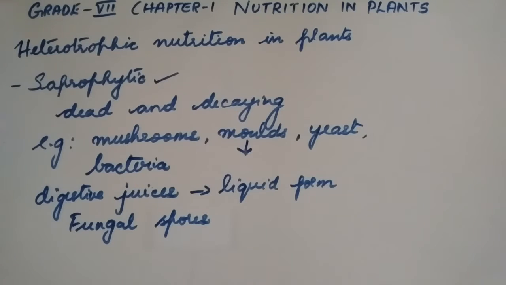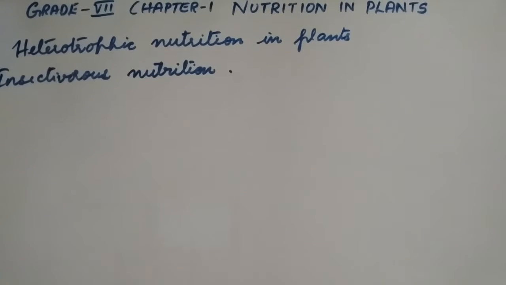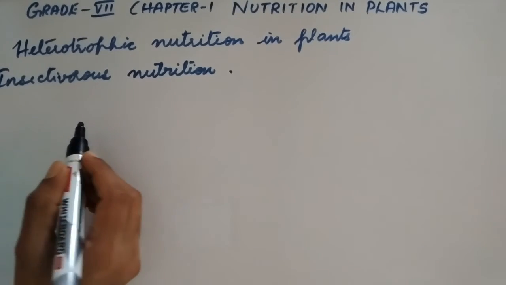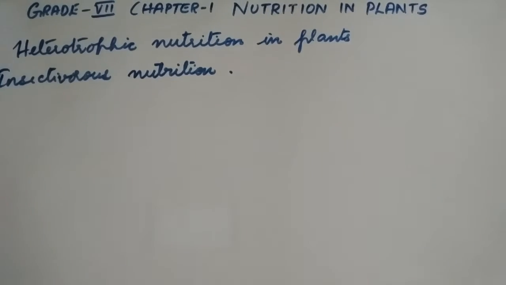Is this clear, students? Okay, now let us move on to the next mode of nutrition, that is the insectivorous mode of nutrition. There are some plants which feed on insects. They eat insects and they digest them.